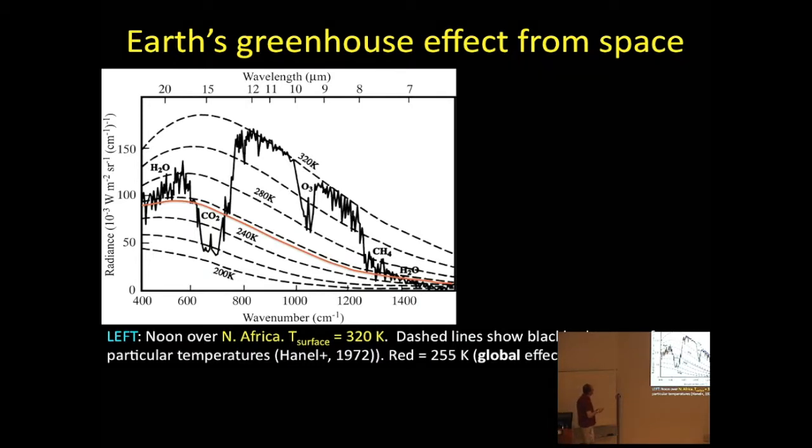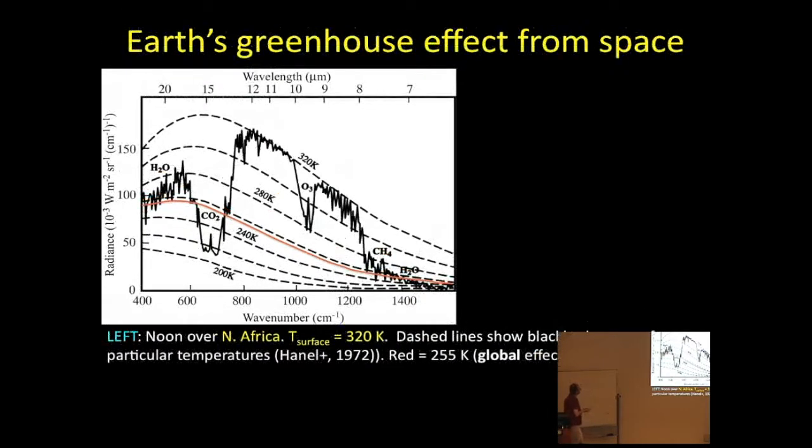But this is effectively a visualization of the greenhouse effect. And we see a lot of water vapor bands out here, 20 microns, over here at these wavelengths, and methane here, 7.6 microns, ozone, 9.6 microns, CO2 band at 15 microns.